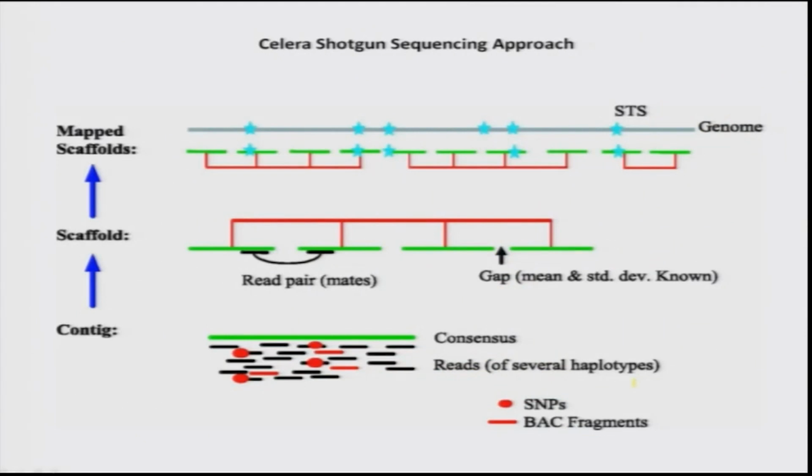But Celera, the private organization that sequenced the human genome, used a different model. This is called a shotgun sequencing approach, wherein they fragmented the DNA into smaller pieces and went on reading the sequence of each base. Based on the sequence, they used a powerful computing tool to identify the sequences that overlap, and they get the consensus.